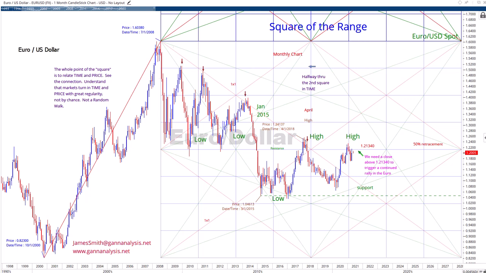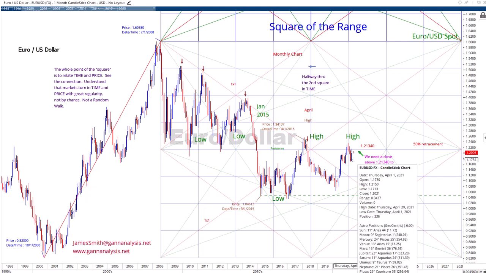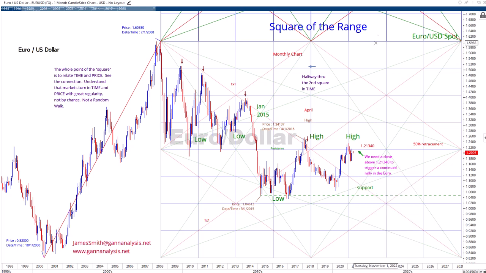The square, here's the initial square, and then we create a new square going up. So what I'm saying is that this square is going to be useful for a long time, even if the price goes up, even if the euro somehow rallies above, say, 1.60. Not very likely, but it's possible. Anything can happen in the markets. Or even if it just plunges here, I doubt that it'll get back here, but you never know.